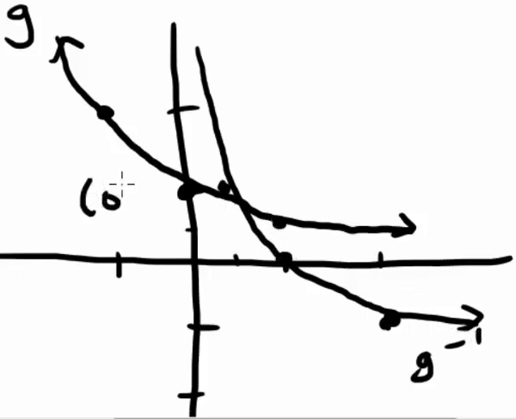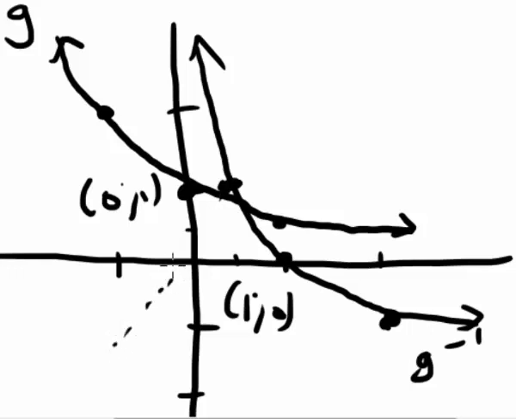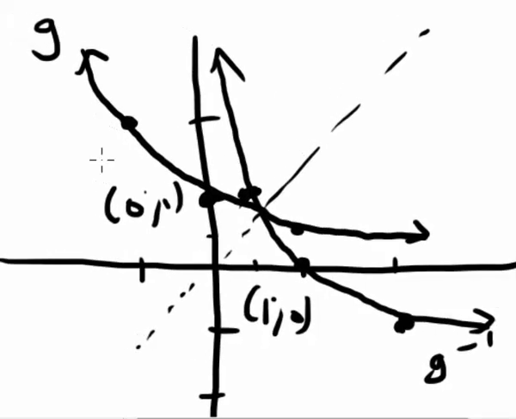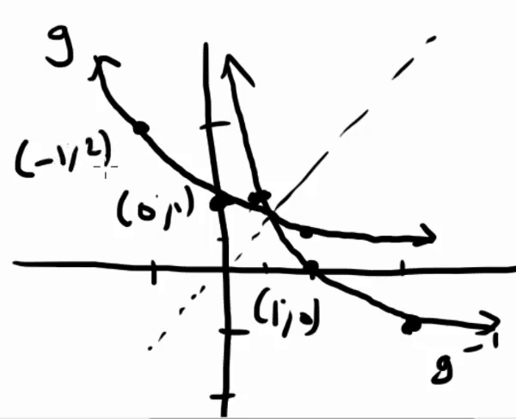If that is 0, 1, this is 1, 0. It's the inverse, and you can draw that on there. And this is the graph of the inverse there. You'll notice that they're reflections of each other about the line y equals x, which is quite important. This would be -1, 2 at this point, and this would be 2, -1. Notice they completely swap around.